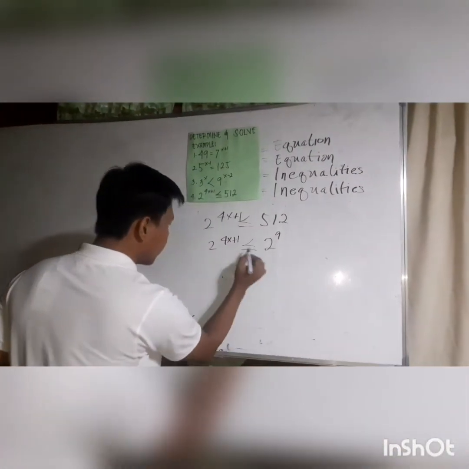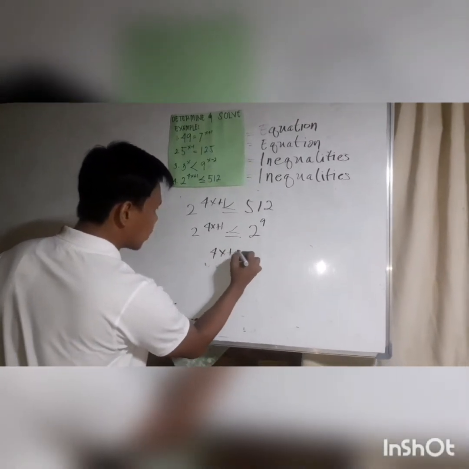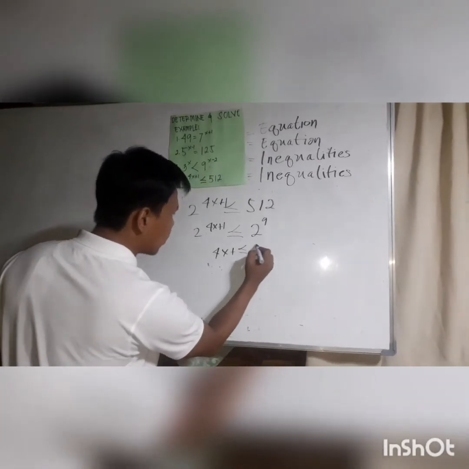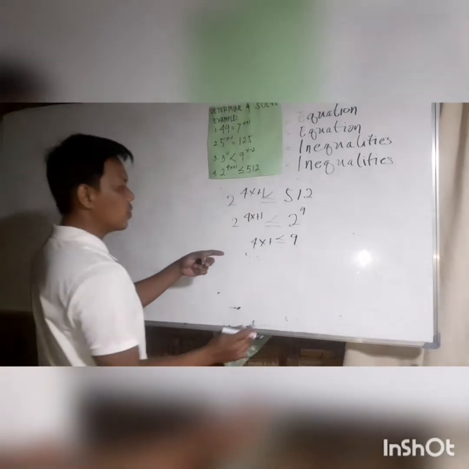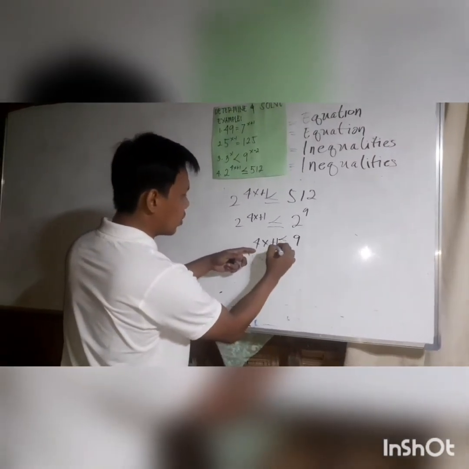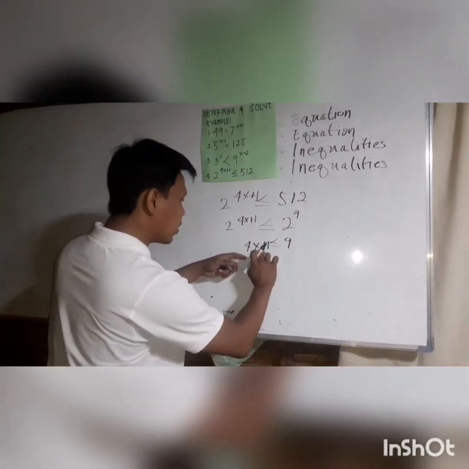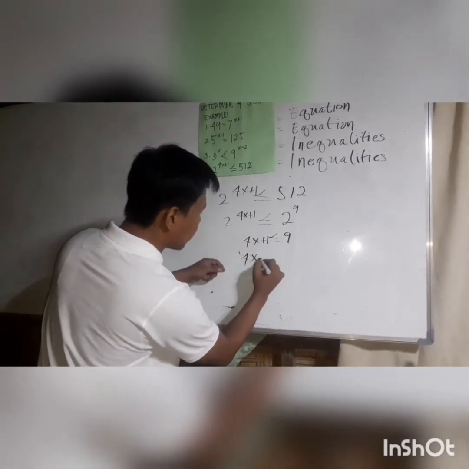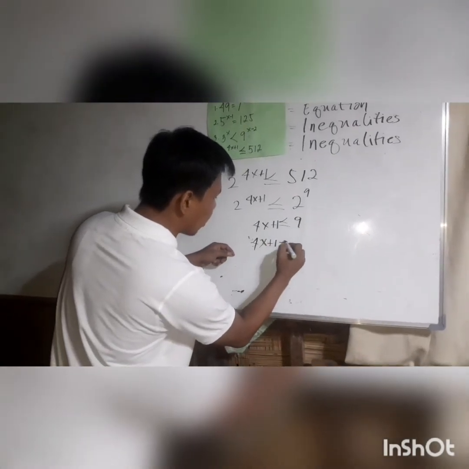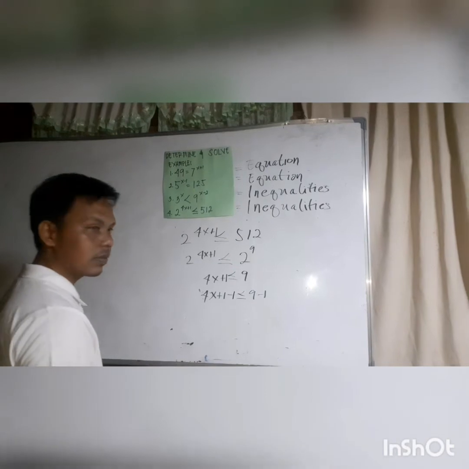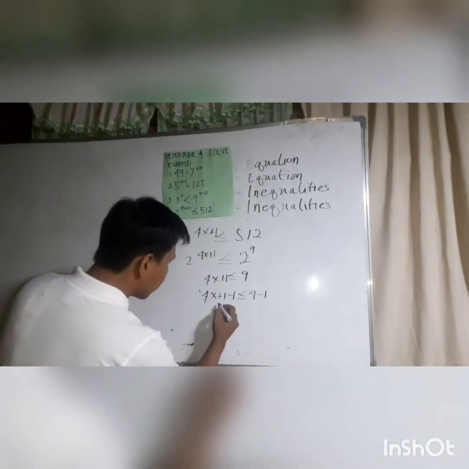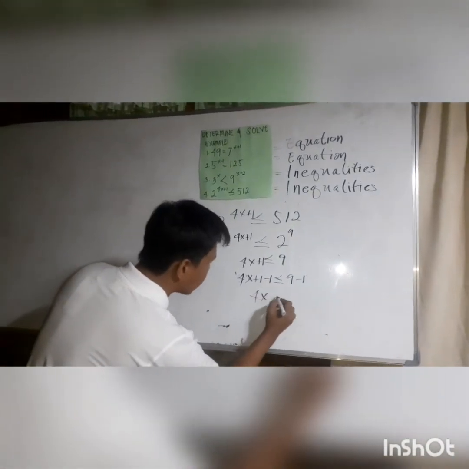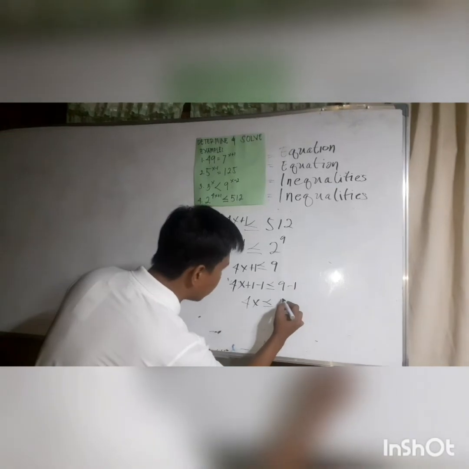To get the value of x, just simply transfer this or add to eliminate that positive 1, negative 1, 1, and this is 0. 4x is less than or equal to 8.